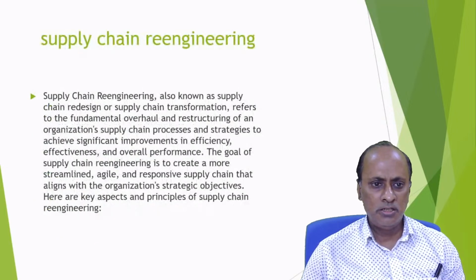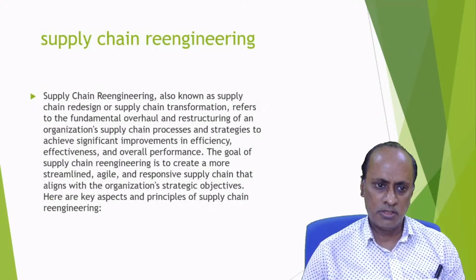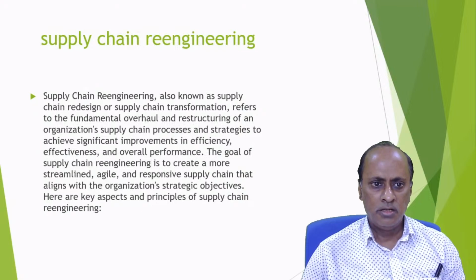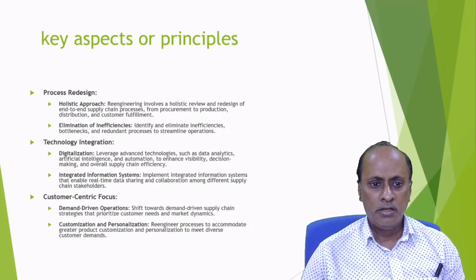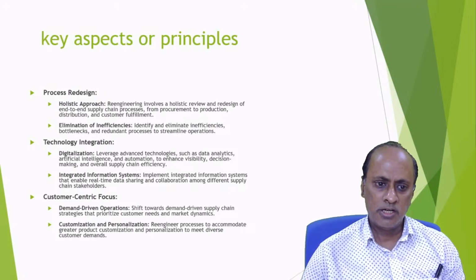Then supply chain re-engineering is also known as supply chain redesign and supply chain transformation. It refers to the fundamental overhaul or restructuring of an organization's supply chain plan. Here the key aspects or principles of redesigning are process redesign, which includes a holistic approach, elimination of inefficiency, technological integration, which includes digitization and making an integrated information system, and making the supply chain customer centric in focus.